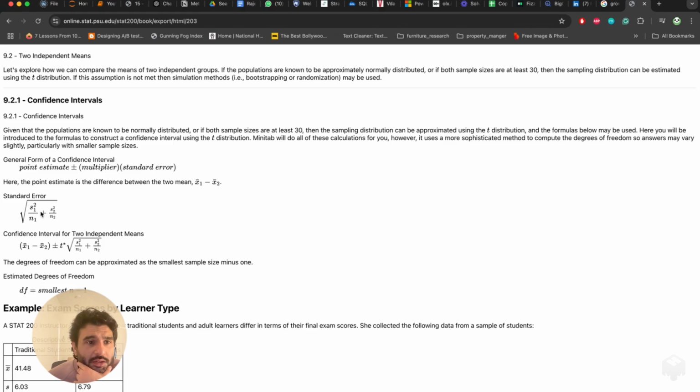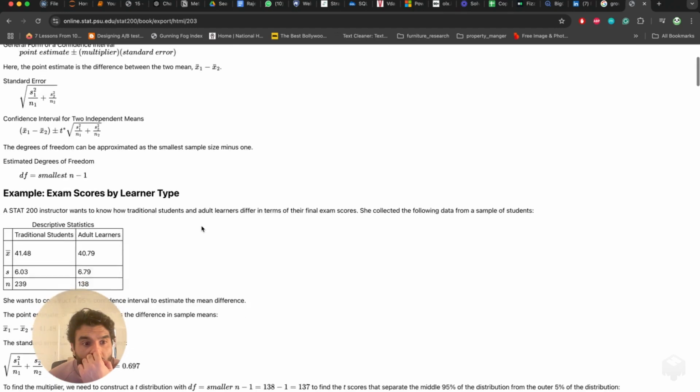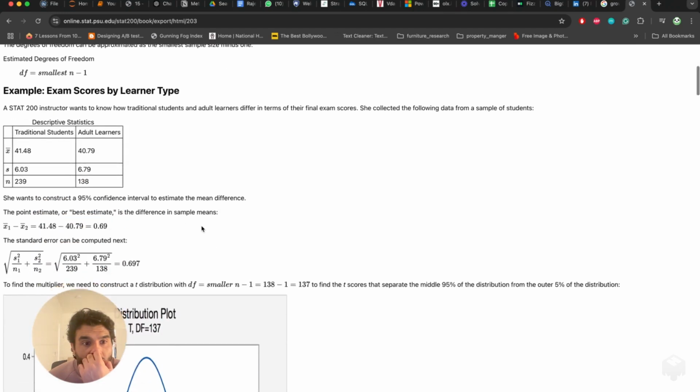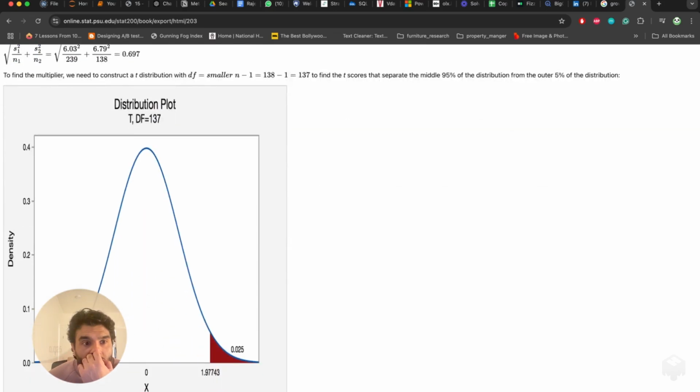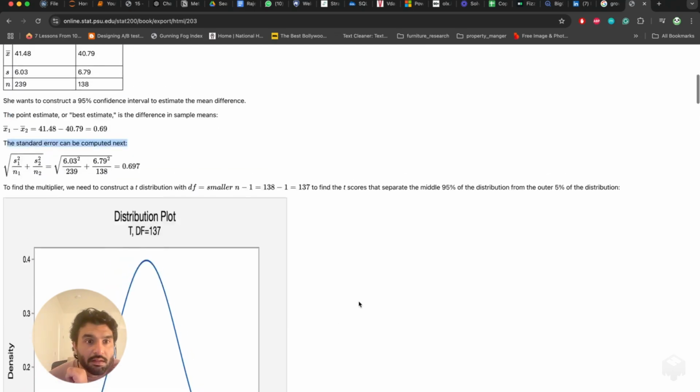The standard error calculation is the square root of the squared standard deviation of the first group plus the squared standard deviation of the second group, each divided by the number of samples in each group. S here is the standard deviation. That's how we calculate the standard error, because the standard error gives us the distribution of the test statistic.